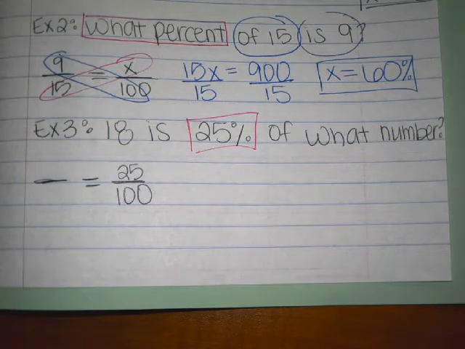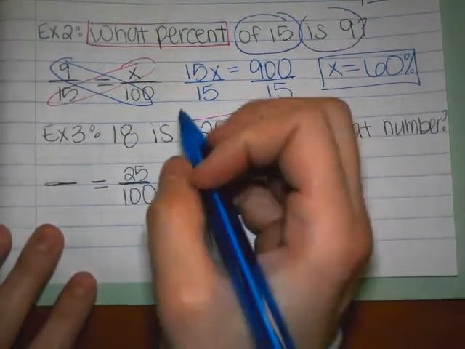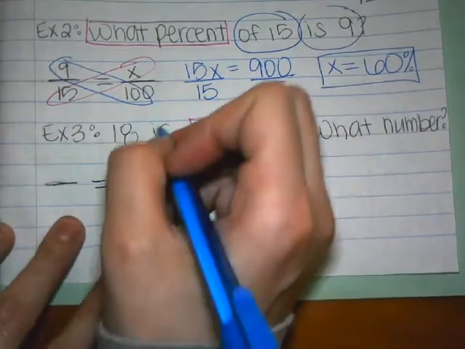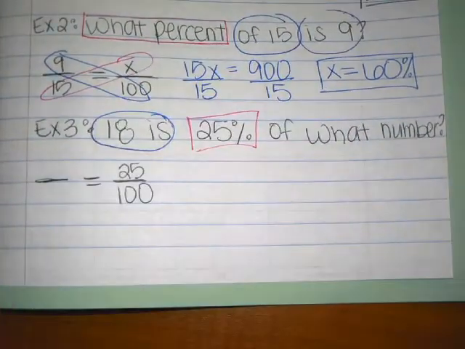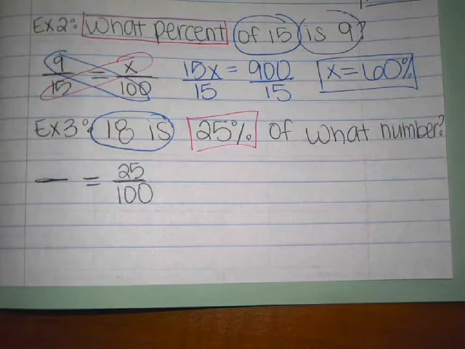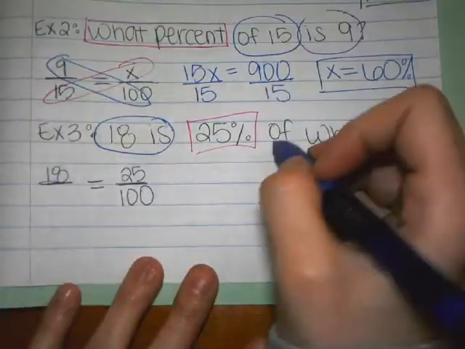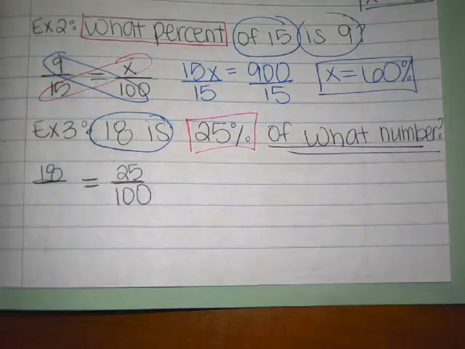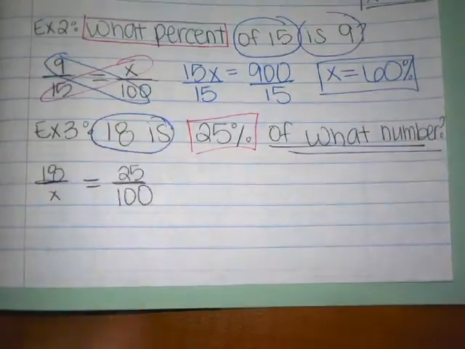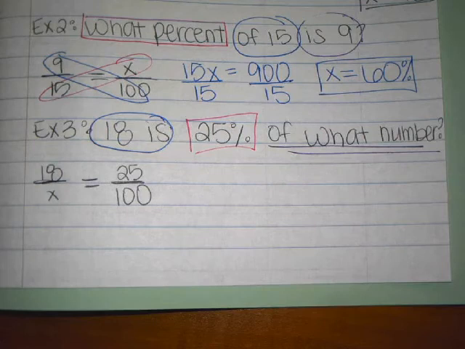What's the last number they give you? And what word goes with 18? So does 18 go on top or does 18 go on bottom? 18 goes on top. So what goes on bottom, you guys? Because they're asking you for "of what number," we don't know, so our variable goes in the other spot. And then you solve it like you solve a proportion.